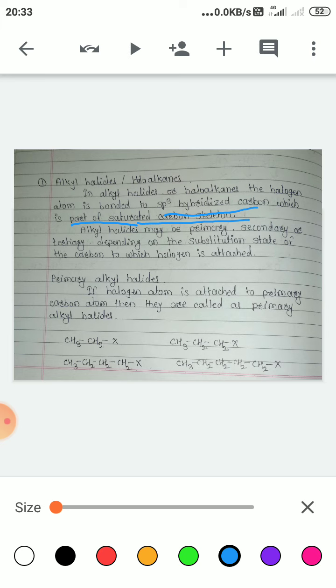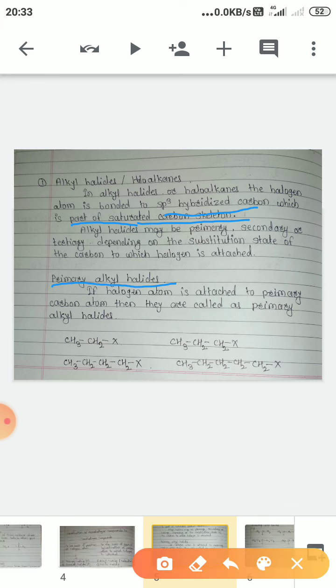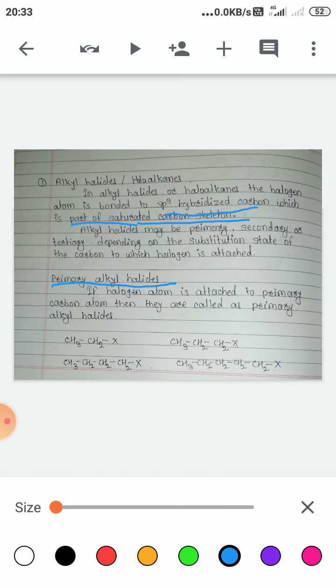Now first one, primary alkyl halides. That means the halogen atom is attached to a primary carbon atom. And what is meant by a primary carbon atom? If a carbon atom is attached to only one other carbon atom, then such carbon atoms are called primary carbon atoms. For example, take ethane.